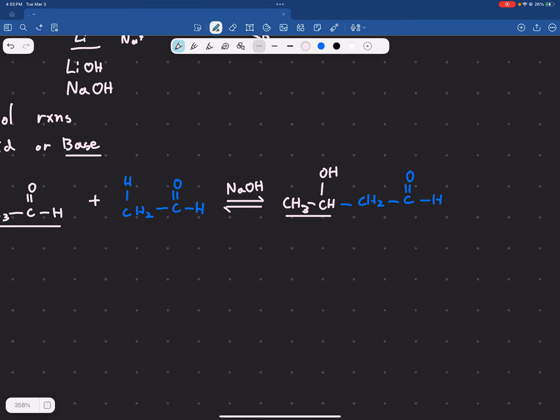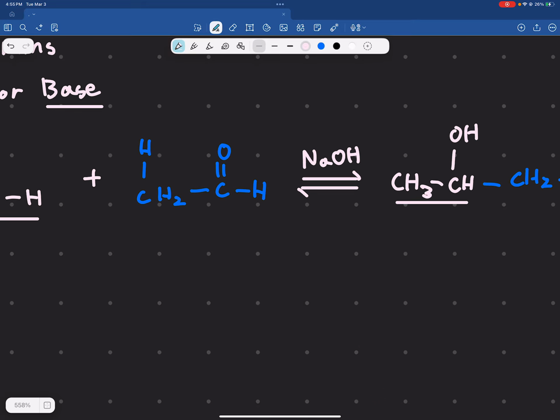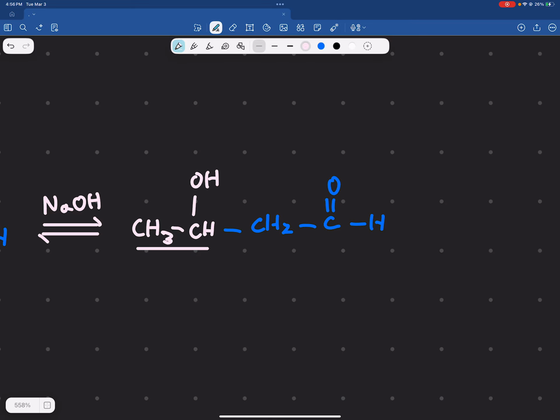So you're going to see there's a 1, 2, 3 relationship from the carbonyl carbon. This is going to be the third carbon, which gets attached to the carbonyl group. Or you can look at it through an alpha-beta relationship.